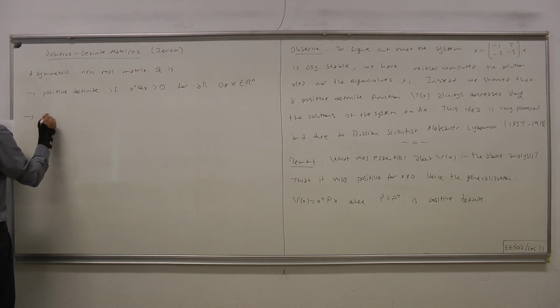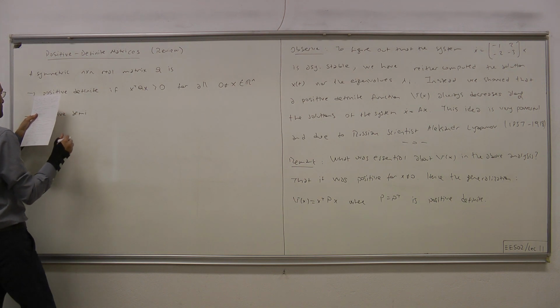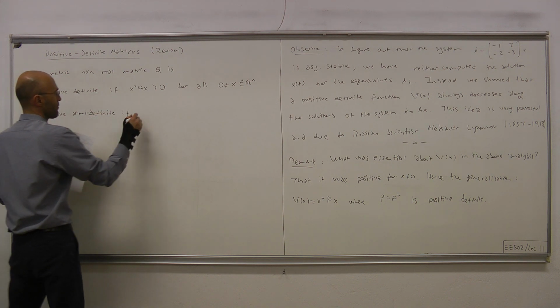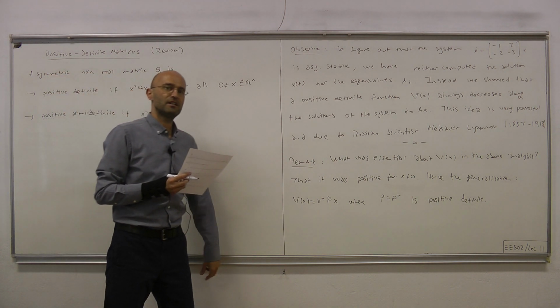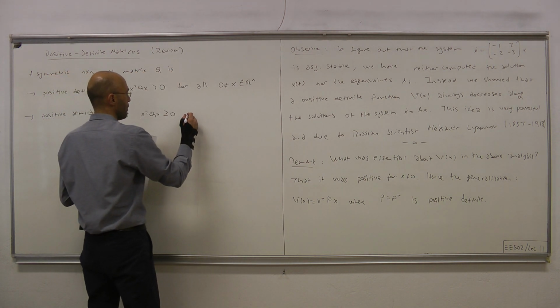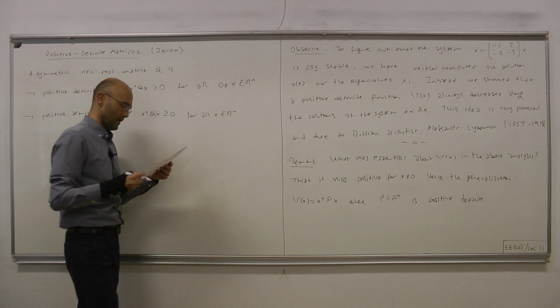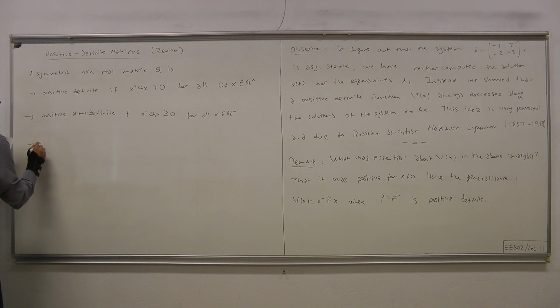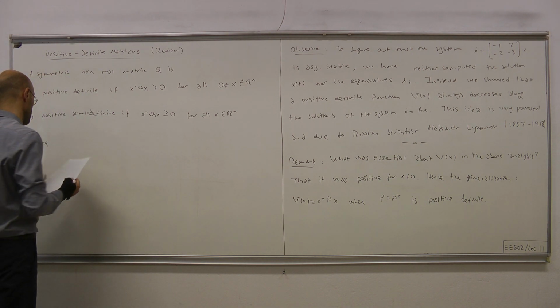It's called positive semi-definite if x transpose Q x is never negative, for all x. And negative definite and negative semi-definite are defined analogously.